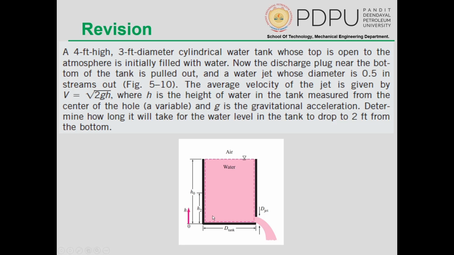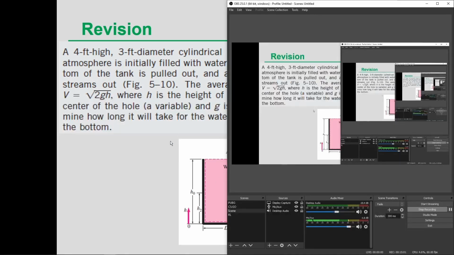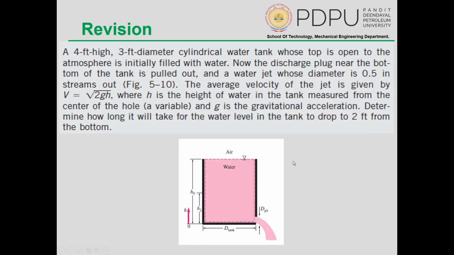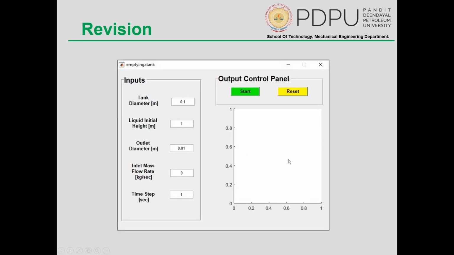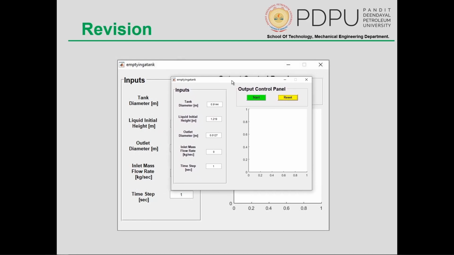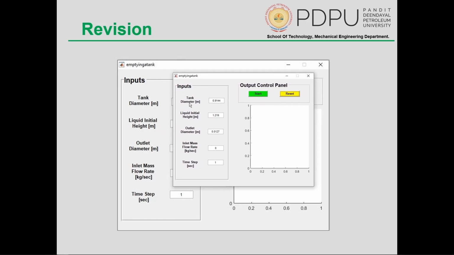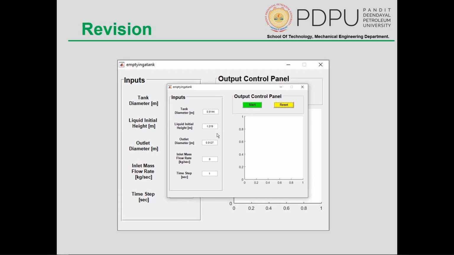Here I have made a Matlab code which was able to solve this, and I came up with a GUI in which we can do the same. This is the Matlab GUI that you can see. Here we have tank diameter 0.914. All the units are in SI units, and all the data is already fed.